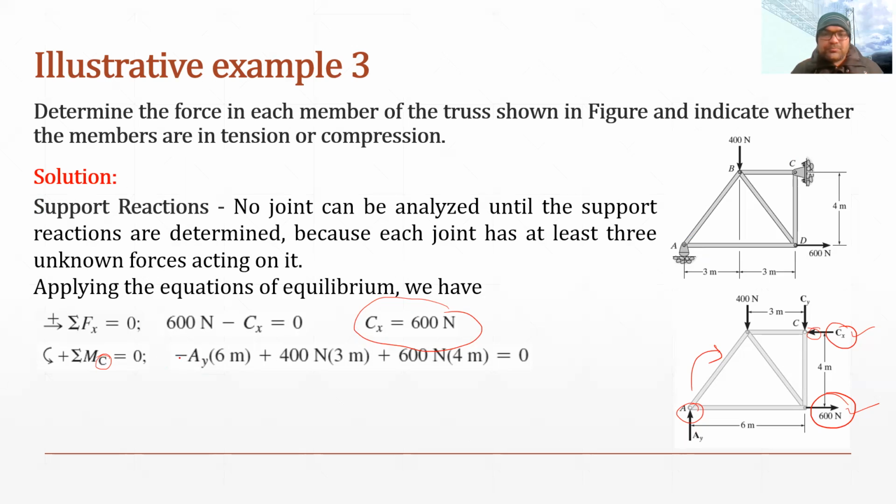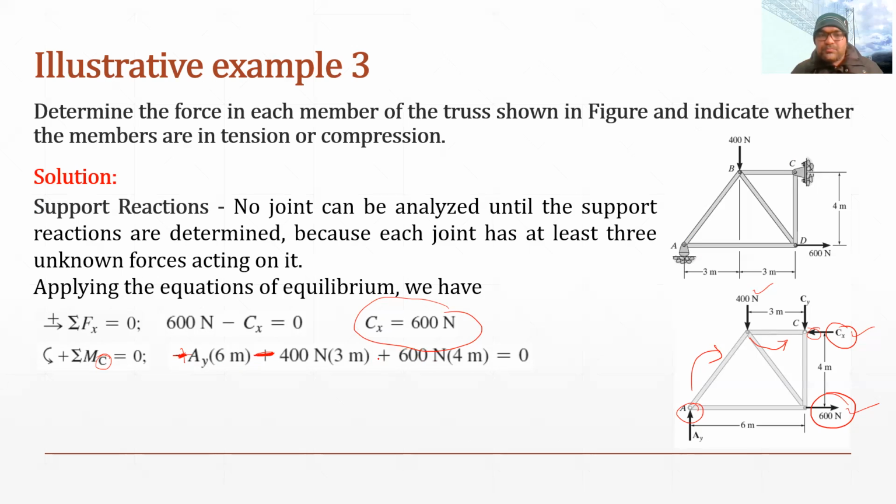Sorry, this was taken wrong. So this will be a positive moment. It will be AY into 6. Then the second force is 400 Newton. The moment of 400 Newton about point C will be anti-clockwise, so it will be negative. So in the equation, please correct it: this value is positive, this value is negative.